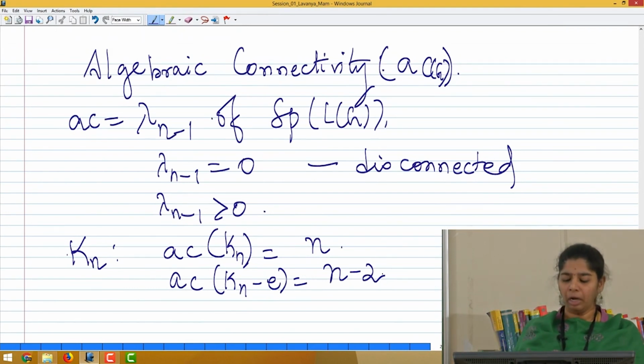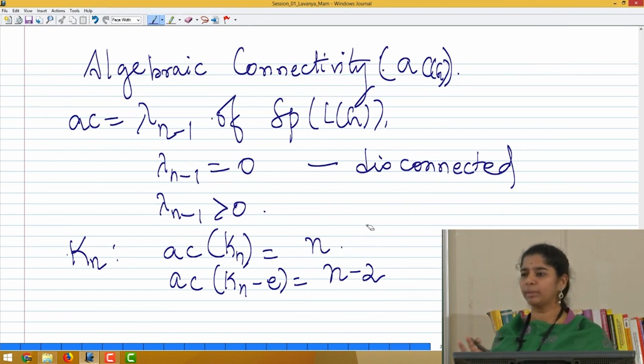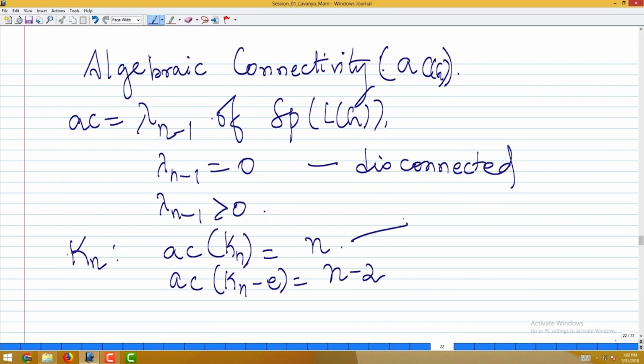So, we can see that for any non-complete graph your algebraic connectivity reduces to n minus 2 at maximum. So, n is a very special case: your algebraic connectivity is equal to n only for the complete graph and not for any other collection.